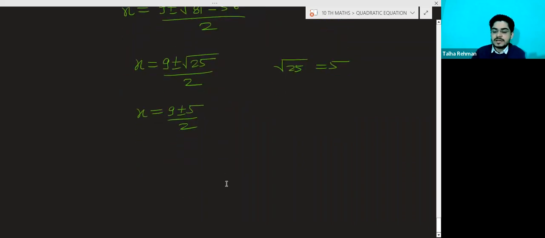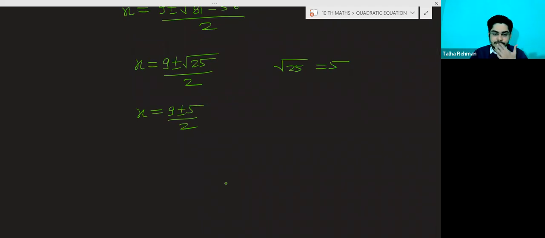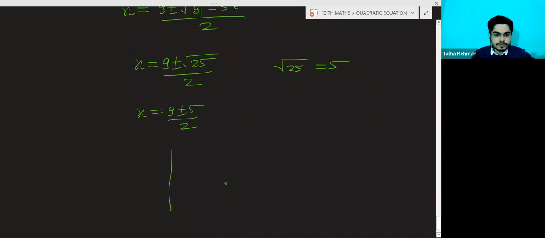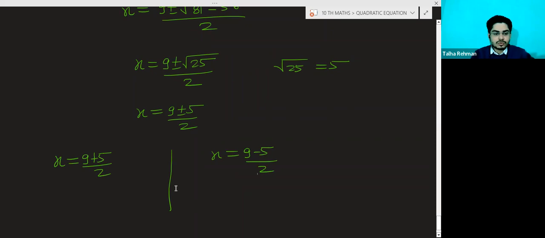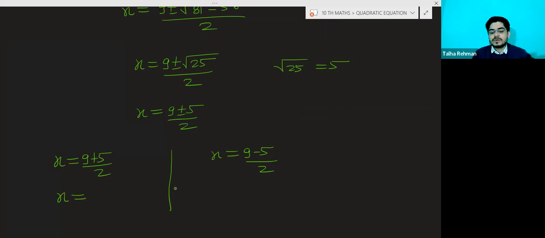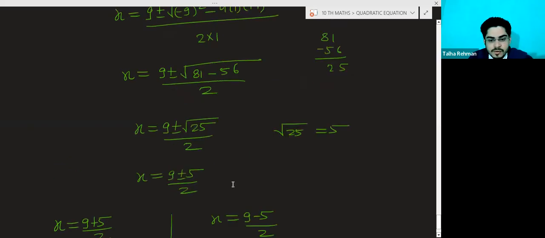First take positive sign or first take negative sign, depending upon you. So what we will do now, we can write it as x is equal to 9 plus 5 divided by 2, and here we can write x is equal to 9 minus 5 divided by 2. So x is equal to 9 plus 5 is 14, by 2 is 7, and this will be in centimeter or in meter, it is given.